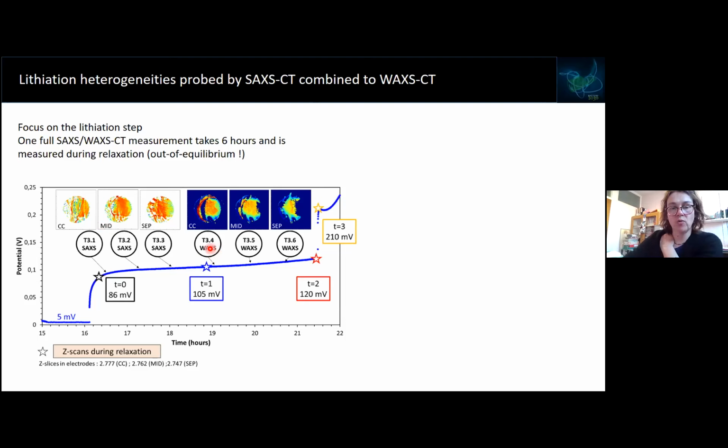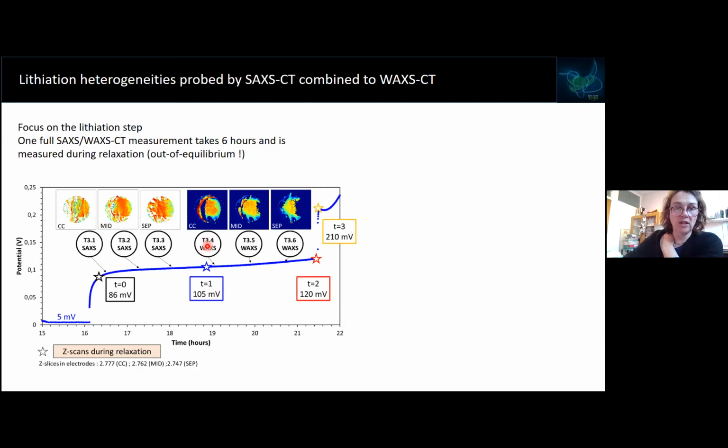So in total, we have 6 hours of measurement. And during that time, the battery is relaxing a lot, and the potential is reaching values up to 120 millivolts. So not only do we have spatial heterogeneities in this data, which is what we were looking for, but we also have time heterogeneities because the system is not at equilibrium.